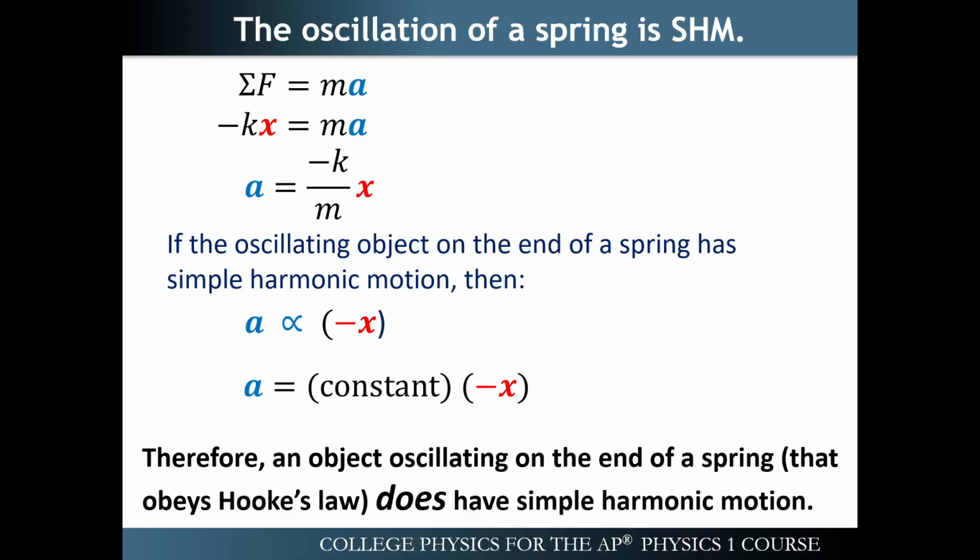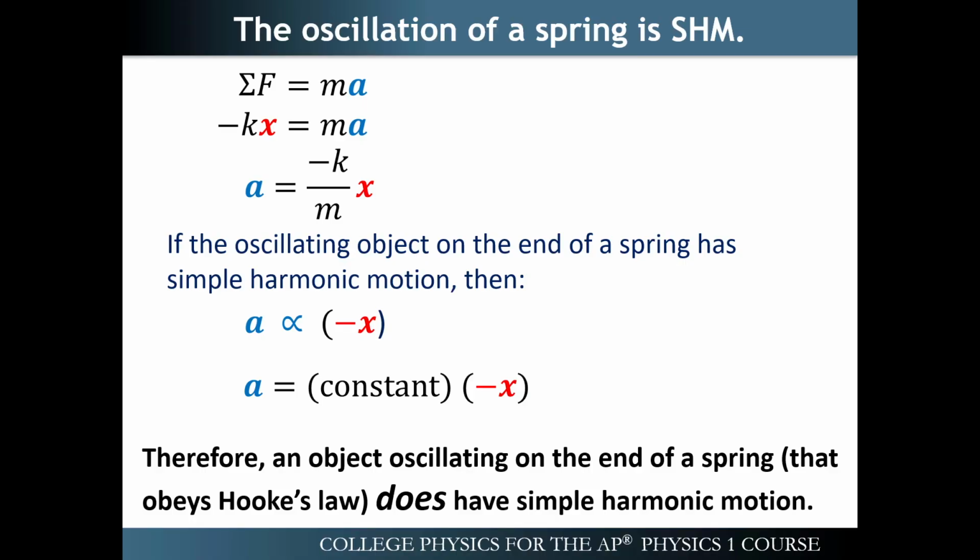So that's just a quick showing of how we define simple harmonic motion and how it connects mathematically to Newton's second law and Hooke's law, combining those two things together, along with the third idea of what simple harmonic motion is, and showing that springs obeying Hooke's law are going to be in simple harmonic motion.